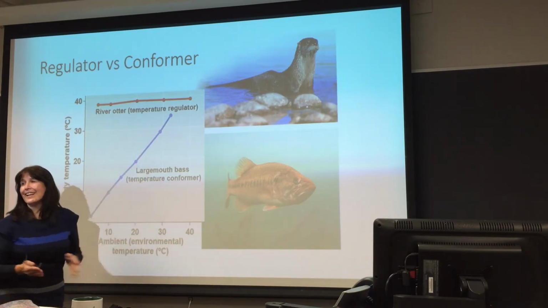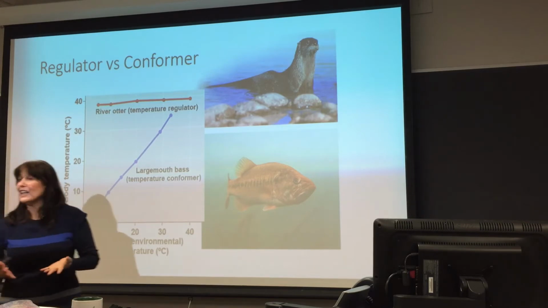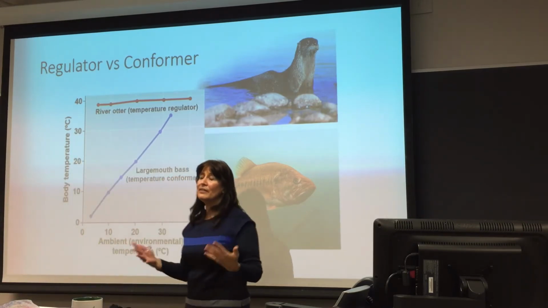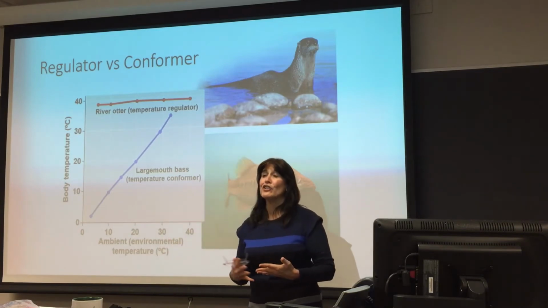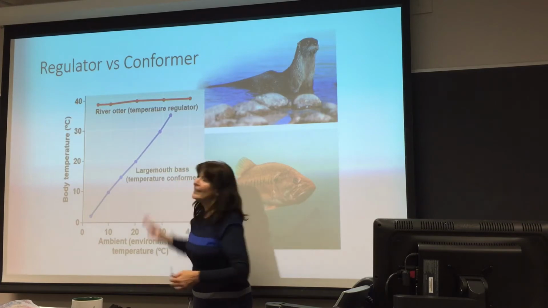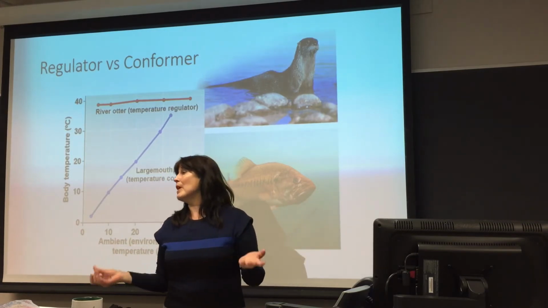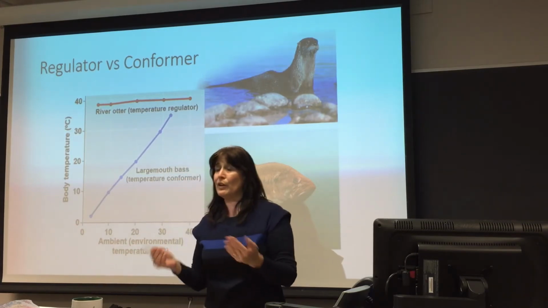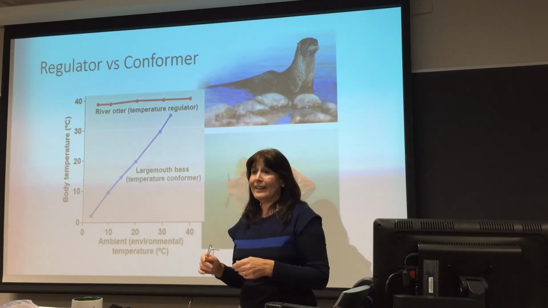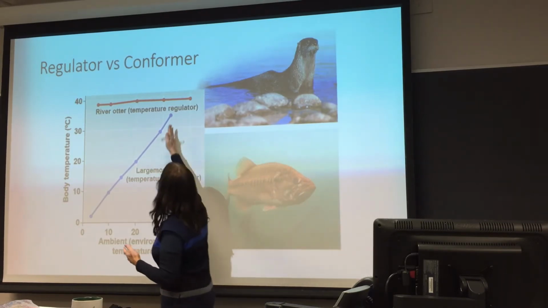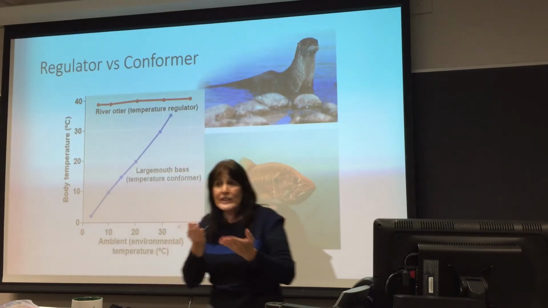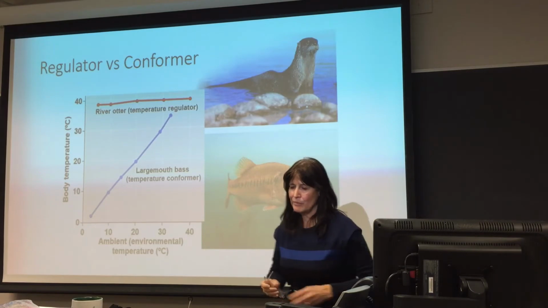However, when temperature changes, response times change. The ability to live under different conditions can change as well, so that might be a drawback. Although this largemouth bass might not have to eat as much per gram as the river otter, it is possibly not going to be able to live at more extremes. So there are advantages and disadvantages of both.